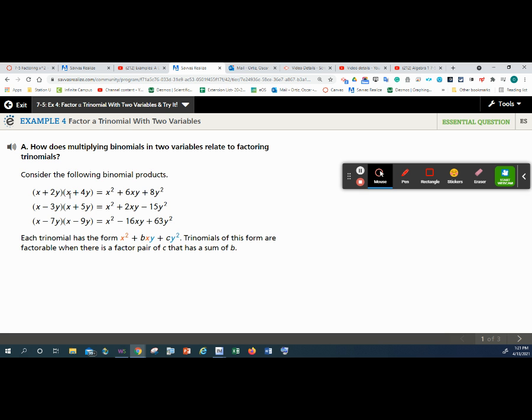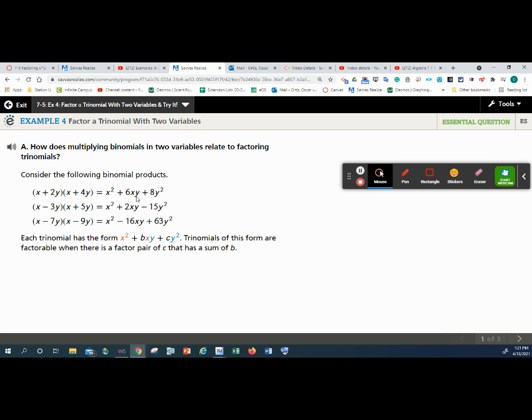So the important thing is the first terms in each binomial are the same, and the second terms are different. But as you can tell from the answer, the last term that you get here is the multiplication of those two numbers, so 2y times 4y. So it follows the same pattern that we had before with numbers, and then the sum 4y plus 2y equals 6y, and you can see the 6 right here and the y.